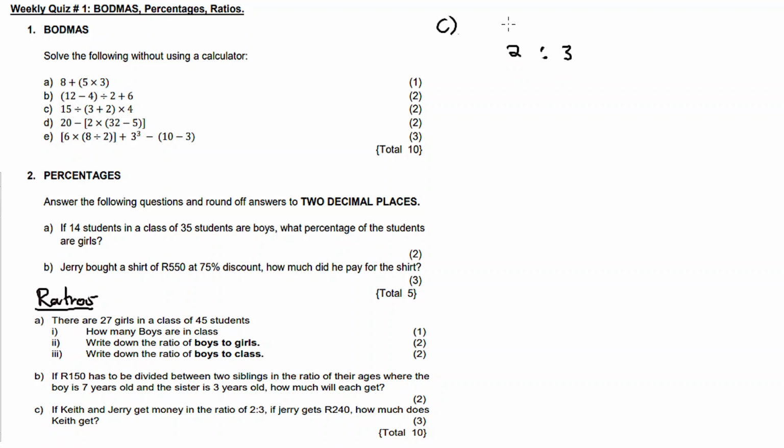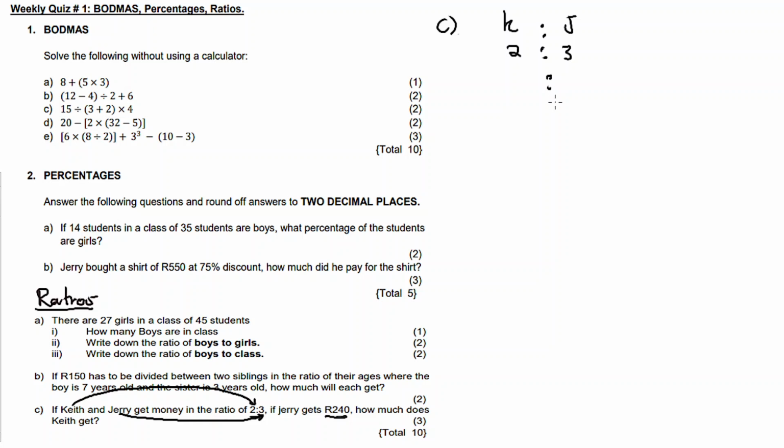The 2 is assigned to Keith and the 3 is assigned to Jerry.